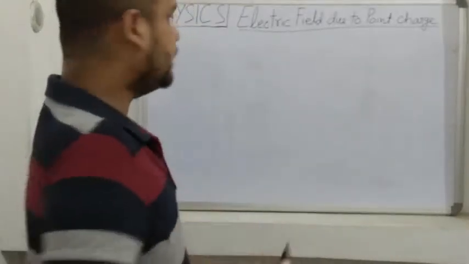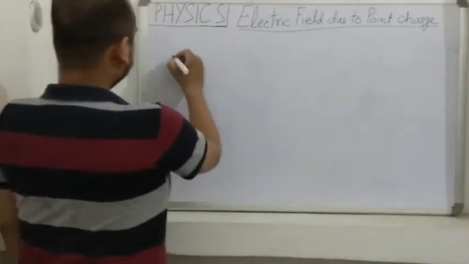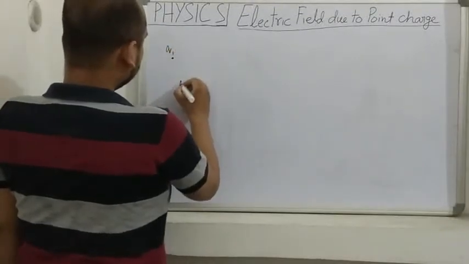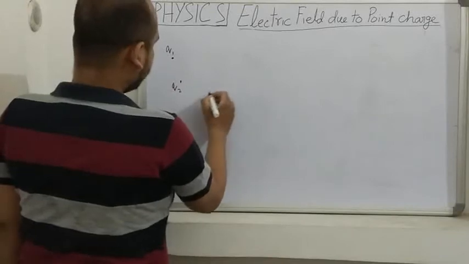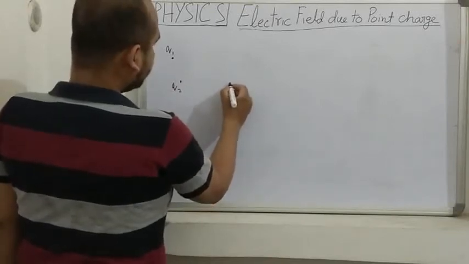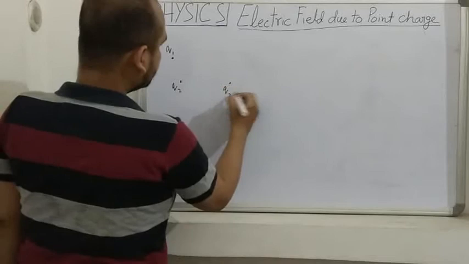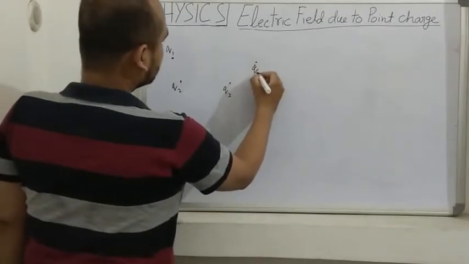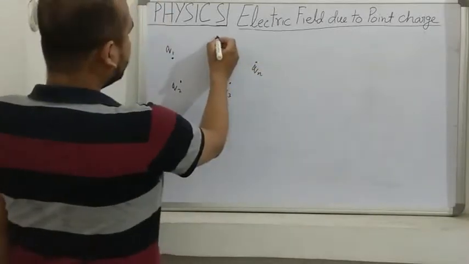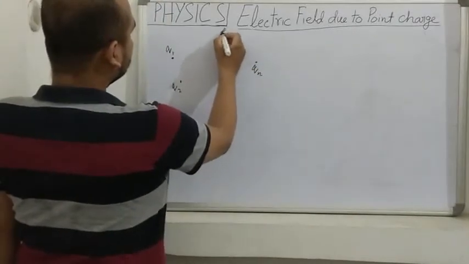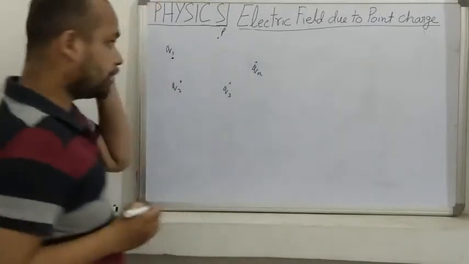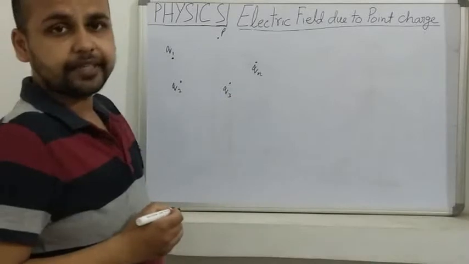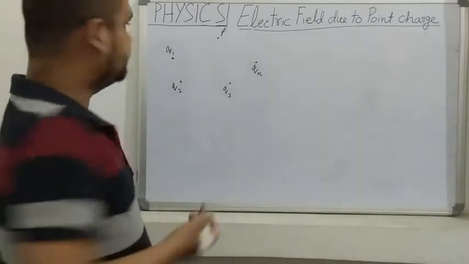Suppose we are having n number of point charges. This is charge Q1, this is charge Q2, this is charge Q3, and this is charge Qn, and there is a point P, and at this point P we have to find the net electric field.